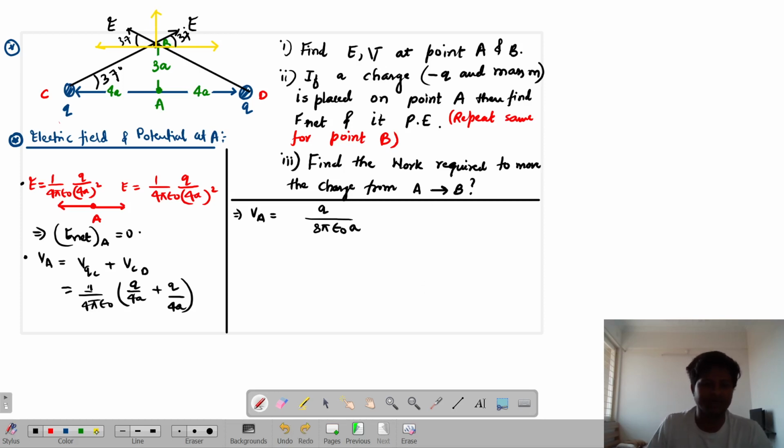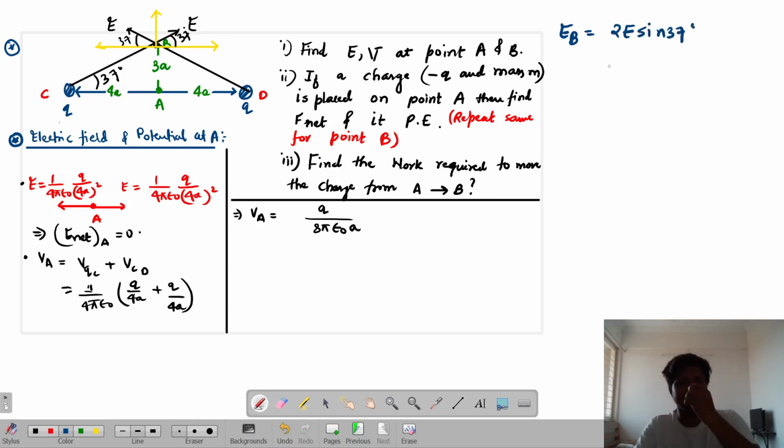So electric field at B is simply twice E sin 37, because cos components are going to get cancelled. Are you able to get me? And the distance over here is how much? Root under 3a square plus 4a square. 9a square plus 16a square, that means it will become 5a or not. Hypotenuse will be 5a. So EB will be the electric field due to any of the charges, distance is same, charge is also same. So 1 by 4 pi epsilon naught.